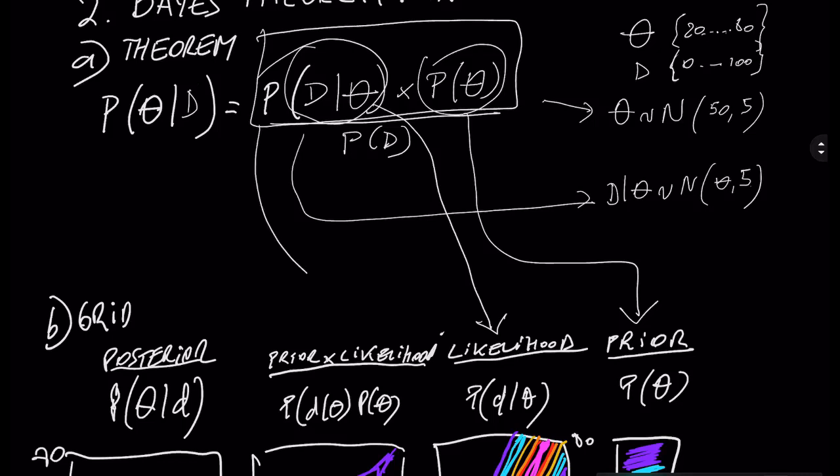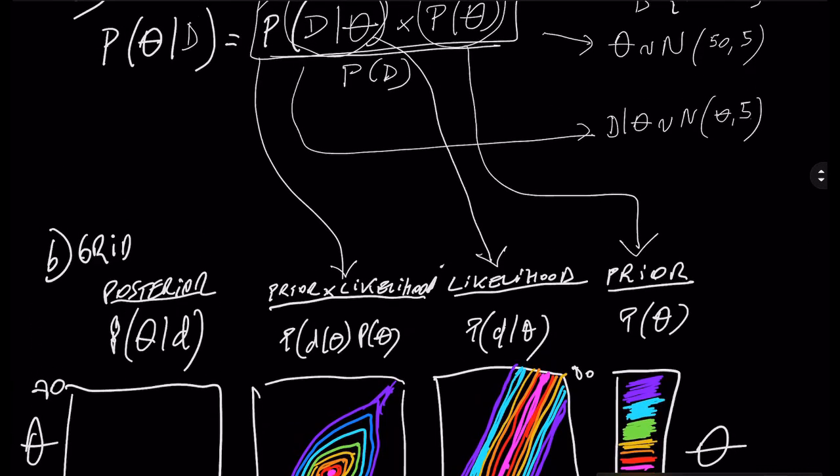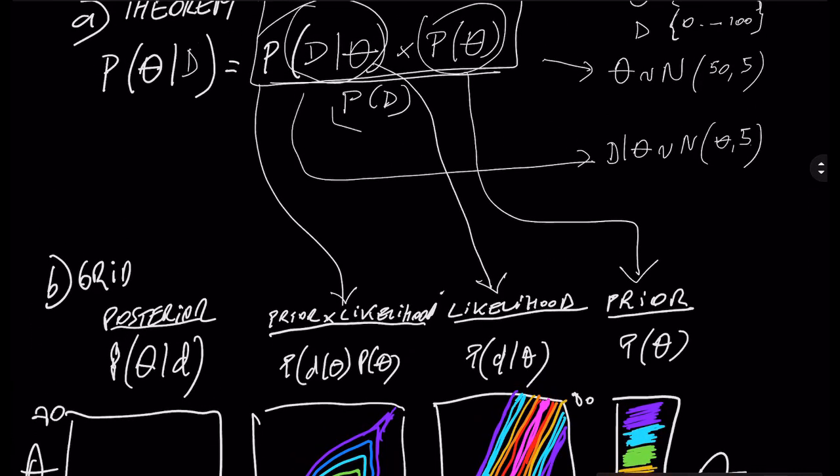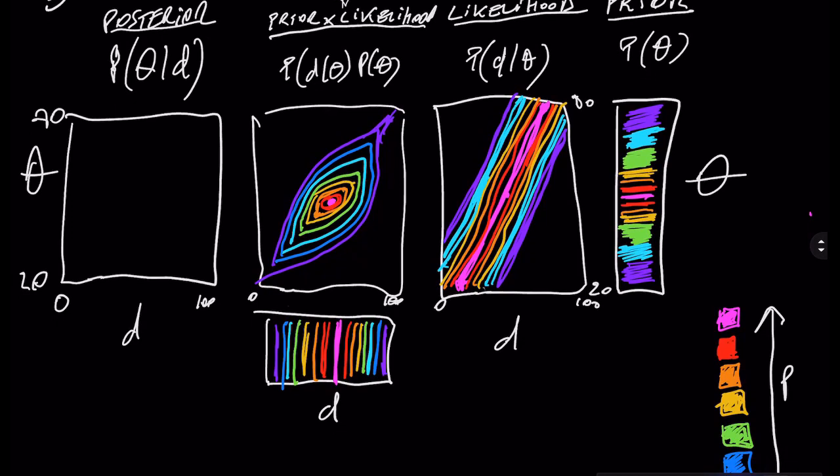So I'm going to use colors that indicate where there is more probability than in other places. We've got the prior distribution on the right hand side, then the likelihood, or the probability of the data given the parameter values, then the prior times the likelihood, and on the top left the posterior distribution. On the bottom we've got the probability of the data.